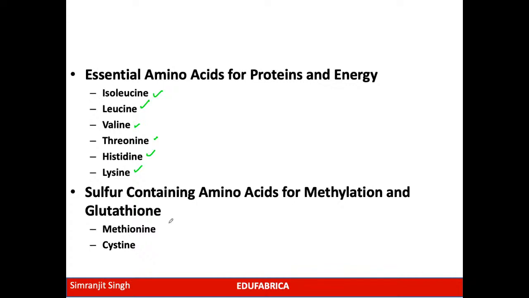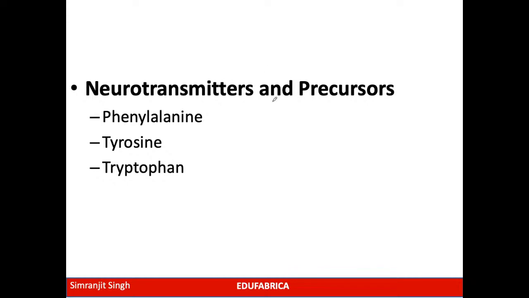And sulfur-containing amino acids for methylation and glutathione are methionine and cysteine, only two amino acids. Further, neurotransmitters and precursors from the brain perspective: phenylalanine, tyrosine, and tryptophan.